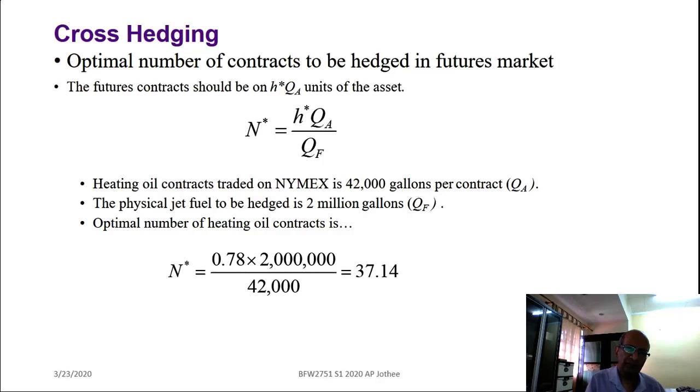So you need to plug in all the figures which I gave you just now. Let's say a heating oil contract is a standard NYMEX 42,000 gallons per contract. That won't change. But you're going to hedge against 2 million gallons of jet fuel.